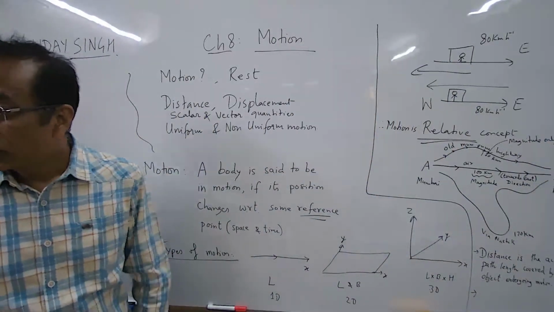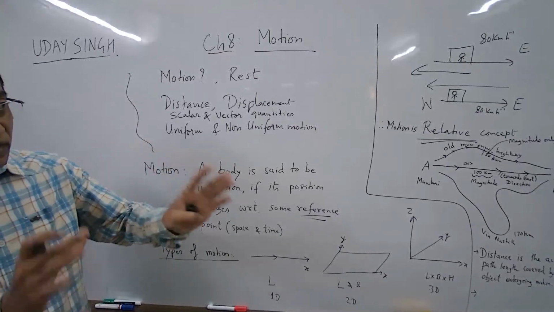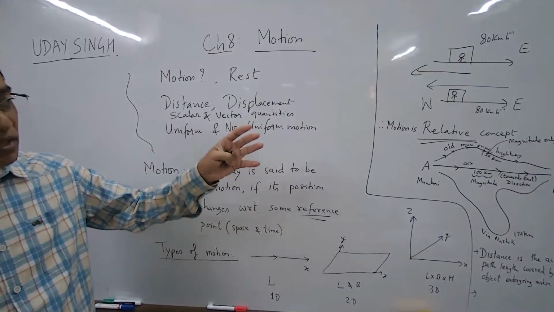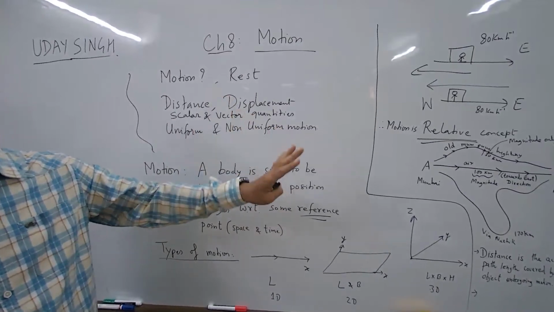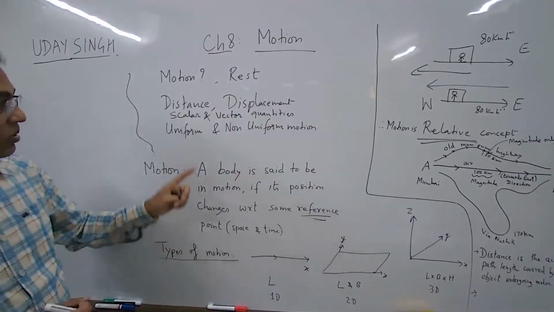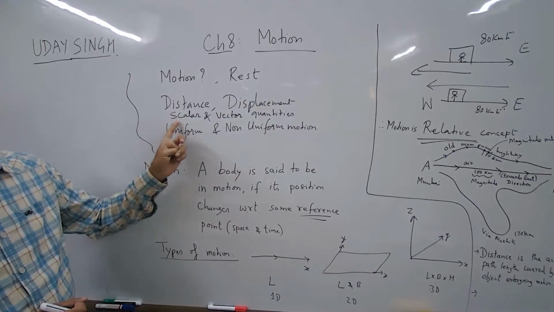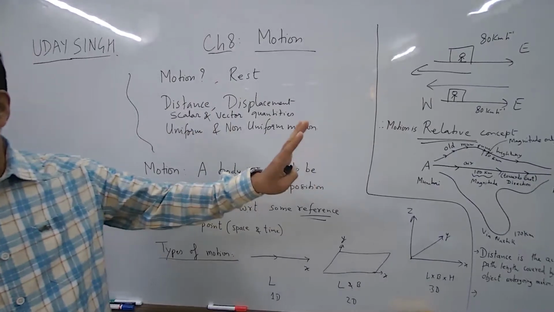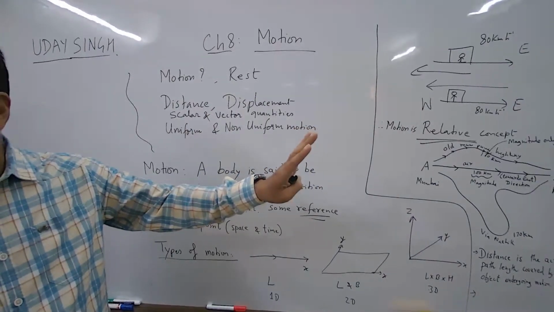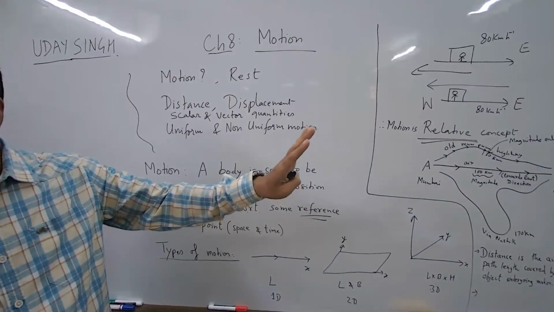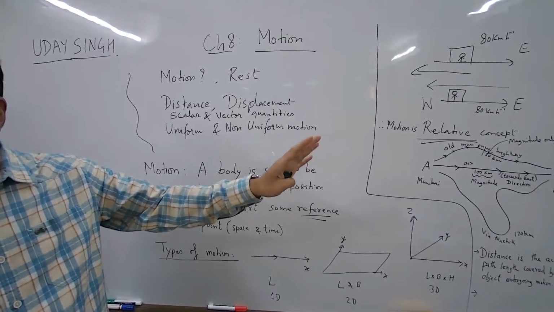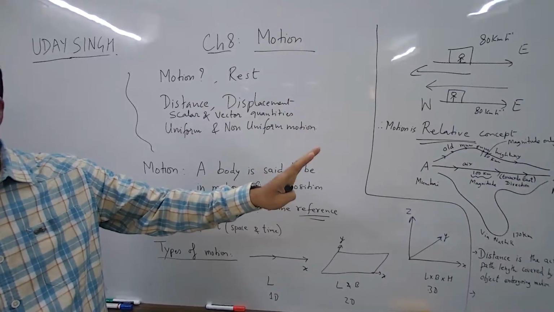Okay? So these are the different types of physical quantity. Such physical quantity which can be described only by its magnitude are called scalar quantities. Understood? So scalar quantities only have magnitude, like mass, like time. Time doesn't have direction. Okay? Temperature. These are all scalar quantities.